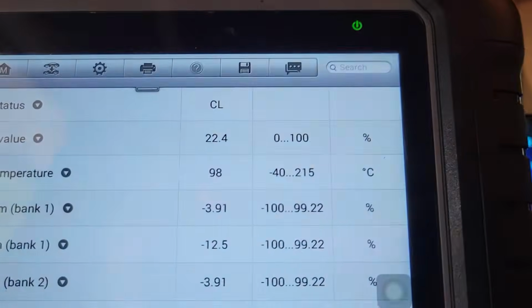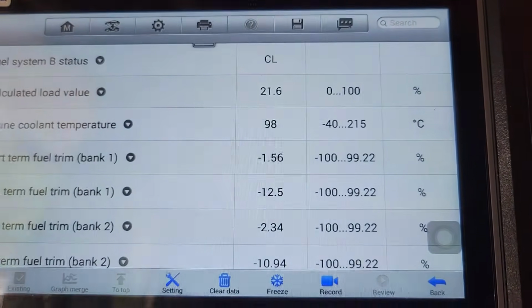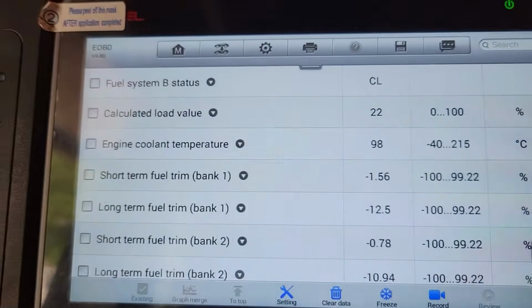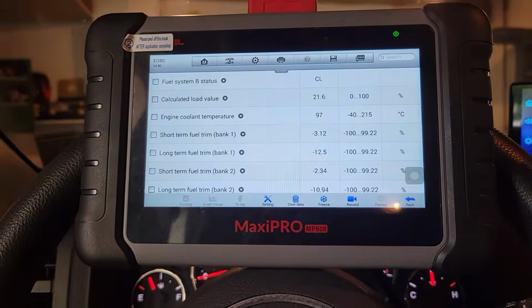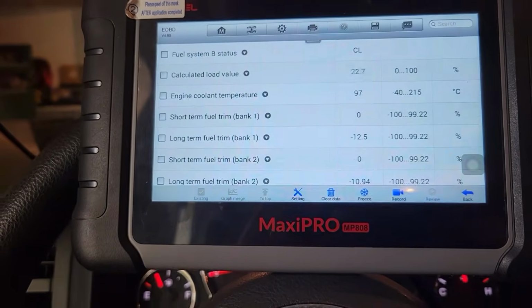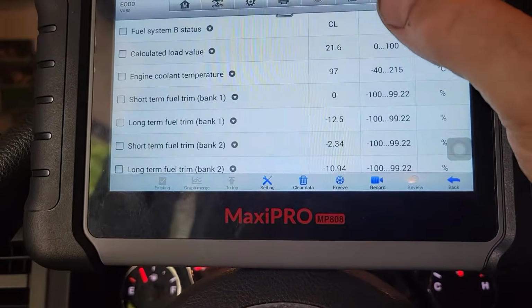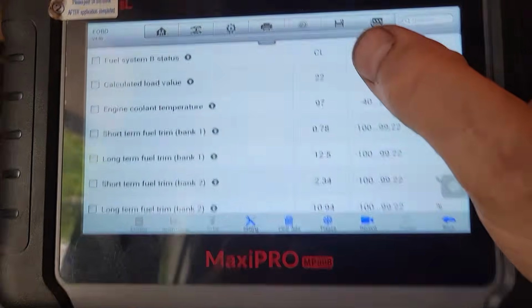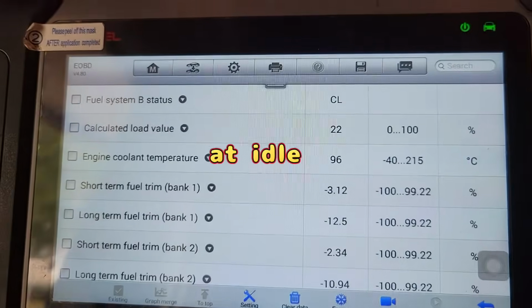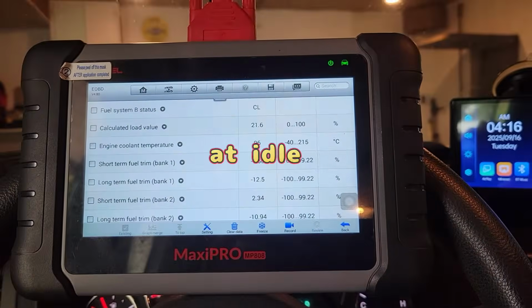But the calculated load isn't too high. As the cooling fan comes on, it goes up a little bit, down a little bit. Sometimes you see things in the 30s or 40s. You know it's not breathing right somewhere. But don't let the calculated load fool you. Don't use that for an exhaust breathing test. That's more of an intake breathing test. Is it getting its air right?